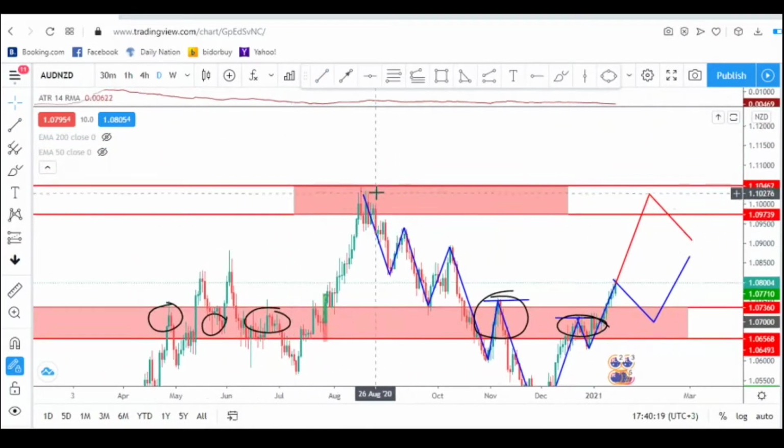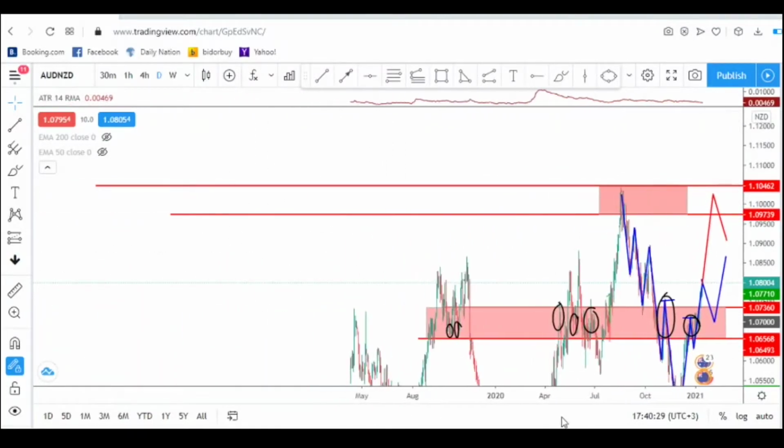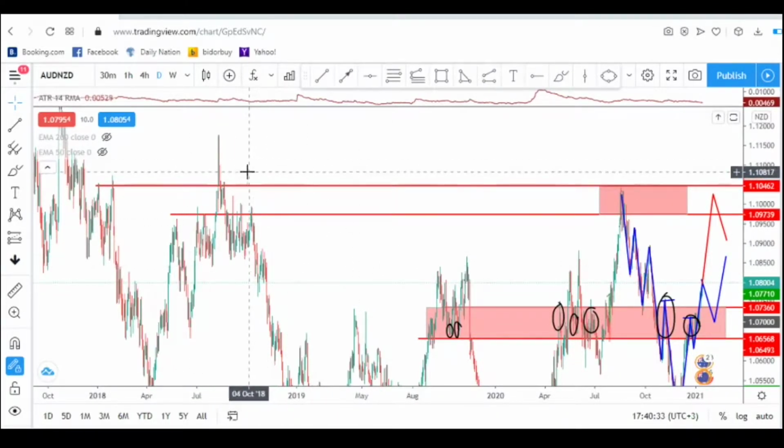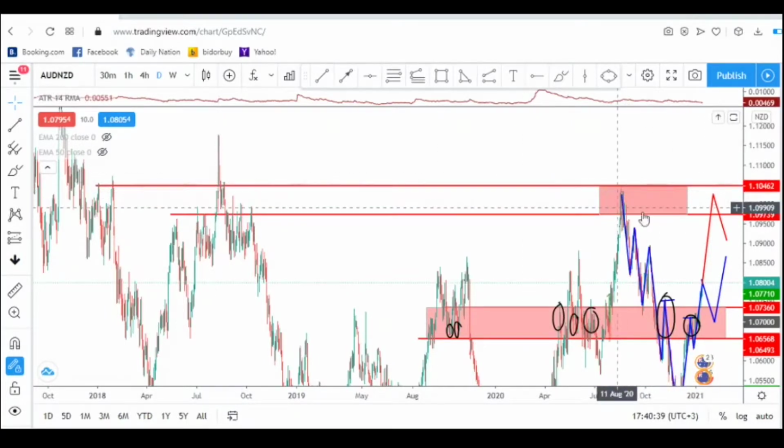First of all, it is at a swing high. It's a standalone swing high. If you come back this side here, you hardly see, unless you come back here to 2018, this is where you see a swing high that was higher than this level.